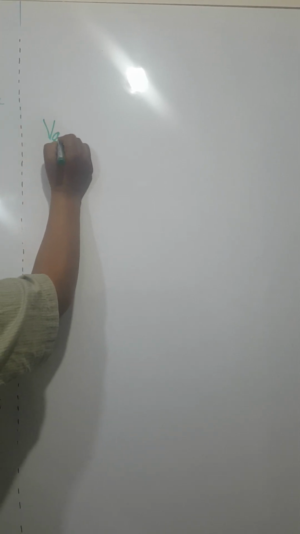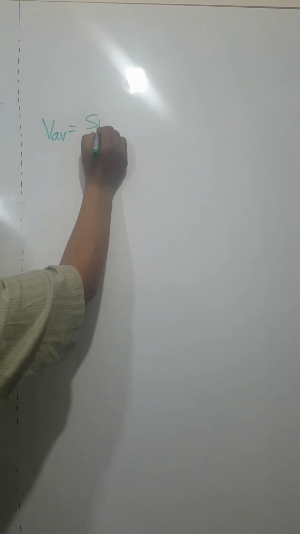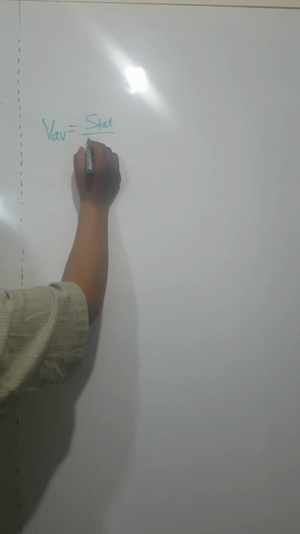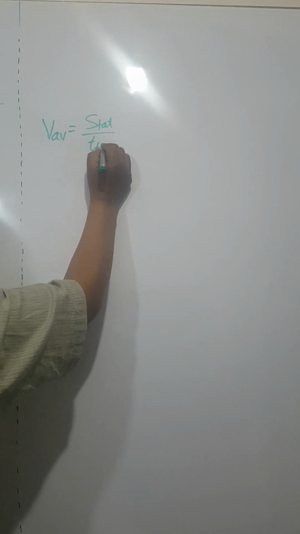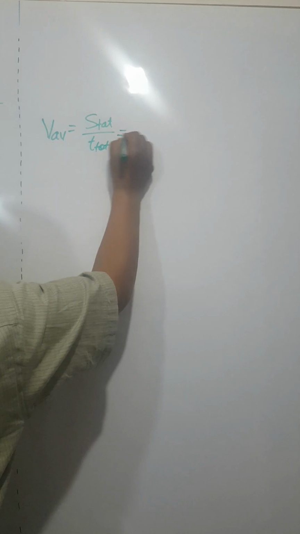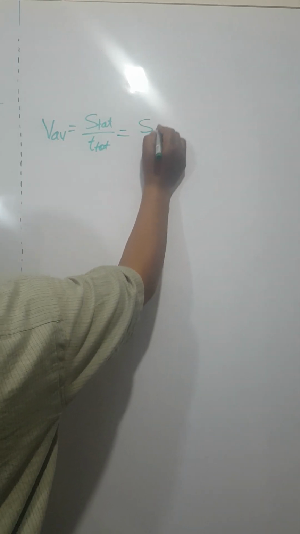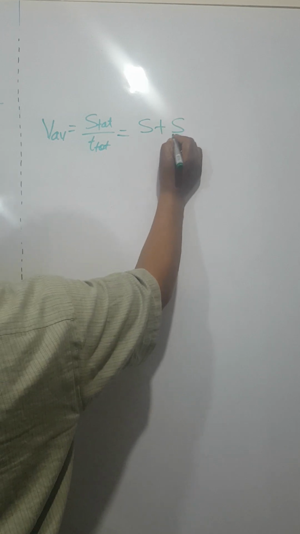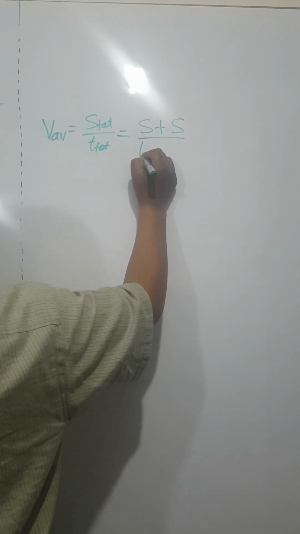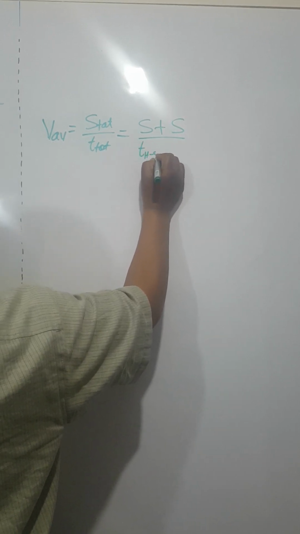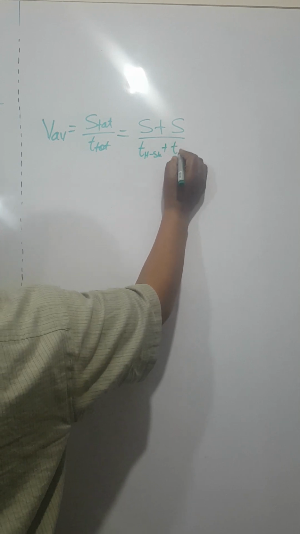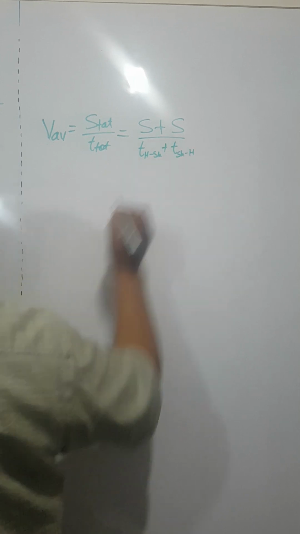Look at the other part. We said that V average is equal to S total divided by T total. Now our S total is home to shop, S, plus shop to home, again S, divided by T home to shop plus T shop to home.